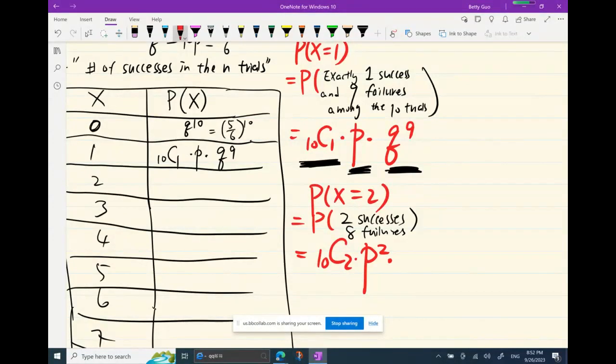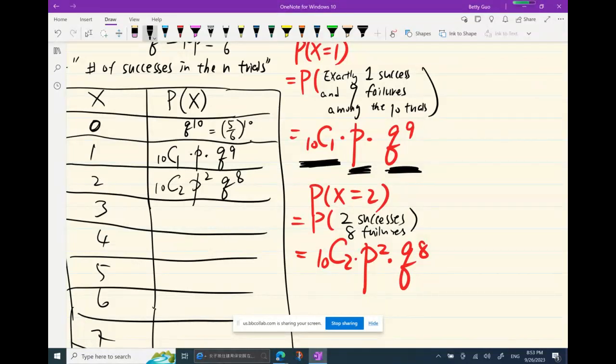And the other 8 trials are failures, so we have Q to the power 8. So the probability of getting exactly 2 successes is C10-2 P to the power 2, Q to the power 8. Yes or no? Yes, it makes sense.